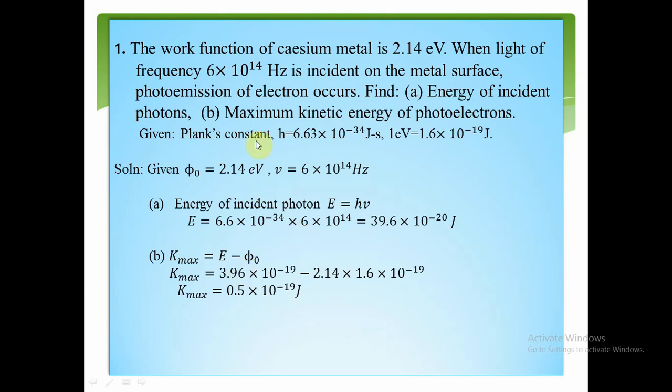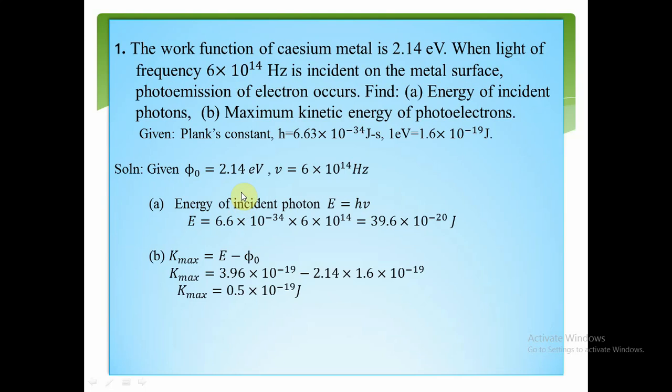The second part: they asked to calculate the maximum kinetic energy of the photoelectron. According to the Einstein equation, K maximum, the maximum kinetic energy of the photoelectron, is equal to the incident energy minus the work function. The incident energy we have already calculated here, and we have written it in the form of 10 raised to minus 19, that is 3.96 into 10 raised to minus 19, minus the work function.